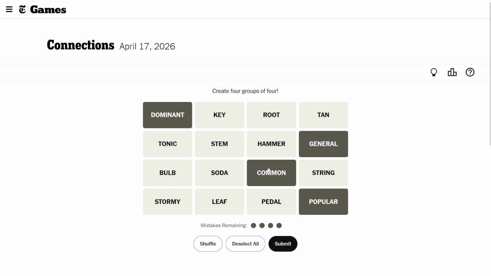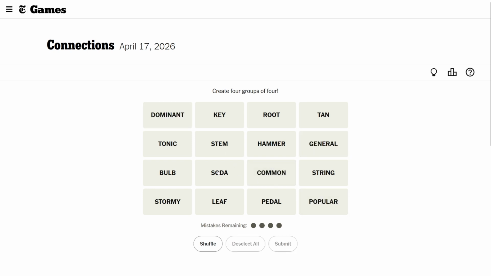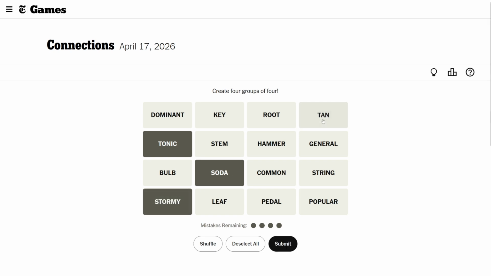We'd be left with tan, tonic, soda, stormy. Tonic and soda are cocktail parts, I guess. I'm not sure about the other ones. Stormy, tan.